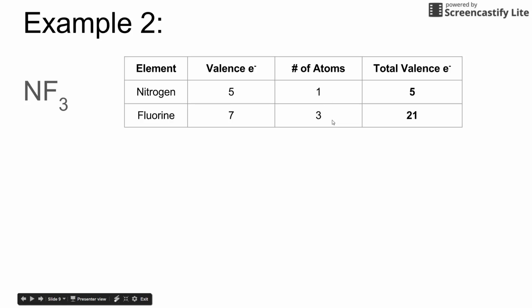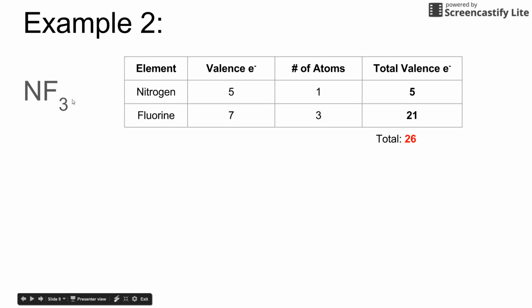Here's the number of atoms represented in the compound, and these are the total number of valence electrons that each element contributes based on how many valence electrons they have and how many there are. You add them up, so you have 26. You can only represent 26 valence electrons in the dot structure.